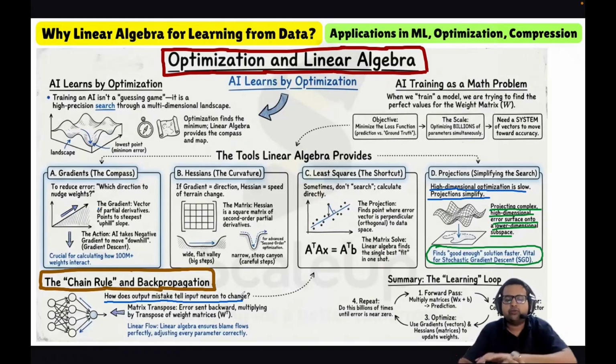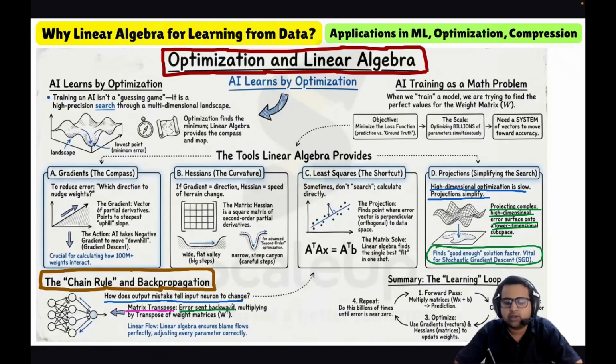So what we do is we go for the matrix transpose. Whatever error we got, the difference between the predicted value and the actual ground reality, we will send it backward. During the training, the error is sent backward through the network.